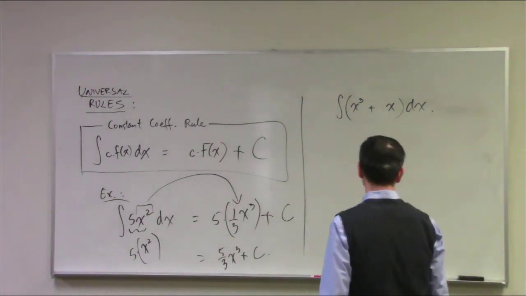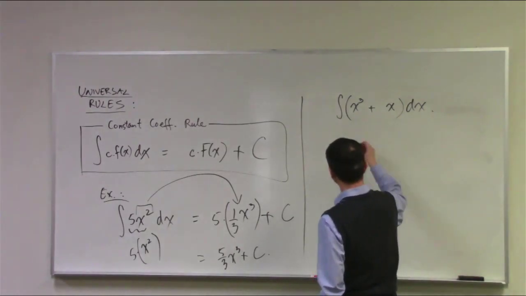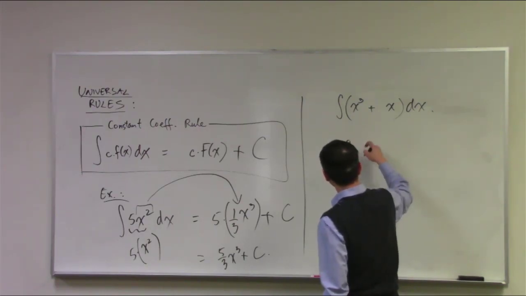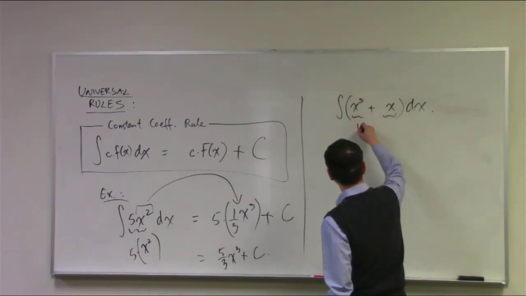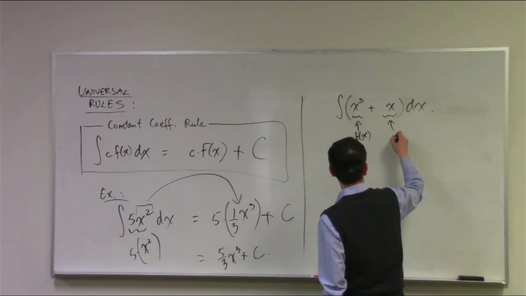When you're in a situation like that, yes, there's a rule. You can do the following. You can separate it out, because with 2 terms here, each term in your function is one middle function. So you can think of this as some f of x, and this other one right here is some g of x.